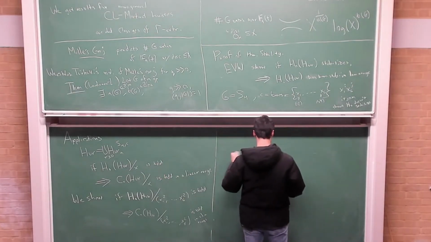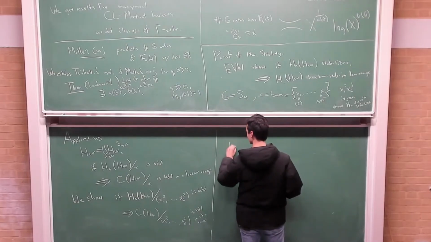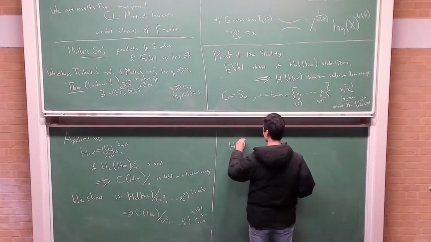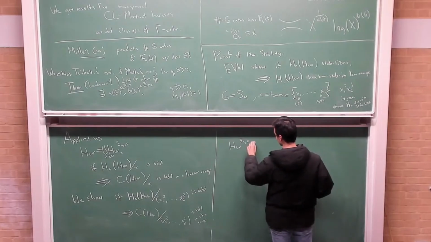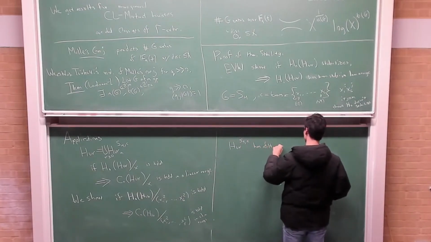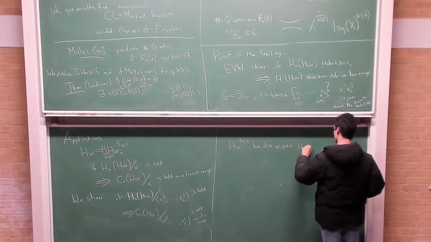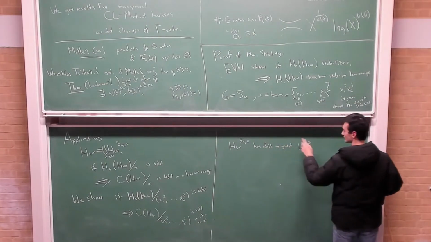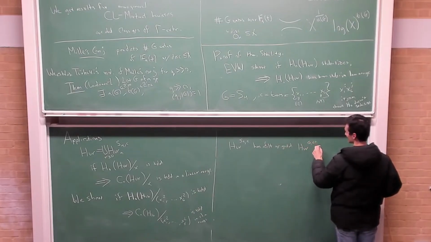So more precisely, you can write the Hurwitz space for this group S4 as having a filtration with associated graded the Hurwitz spaces for various subgroups of S4, where you take C and intersect it with that subgroup.